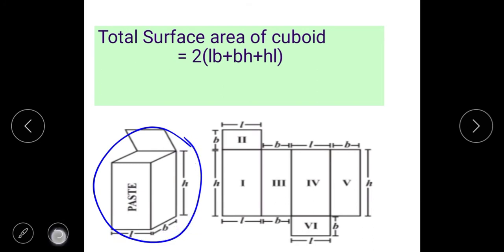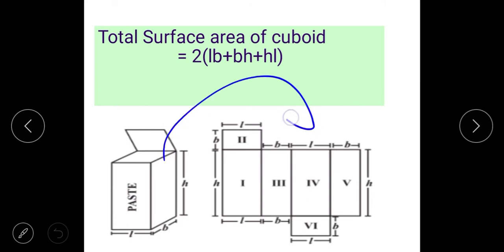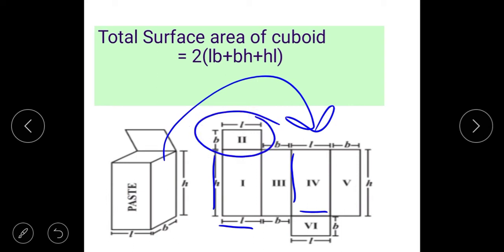When you open this cuboid, all the faces will look like this. Height into length, HL, so twice HL, 2HL. This figure is L into B, and this figure L into B, so 2LB.